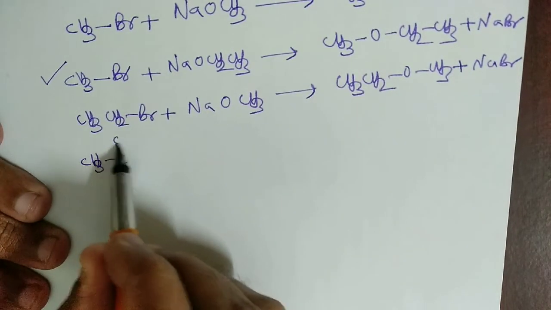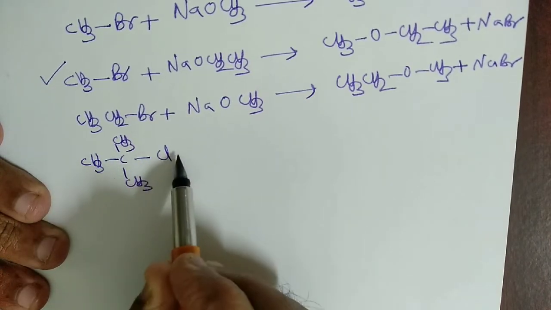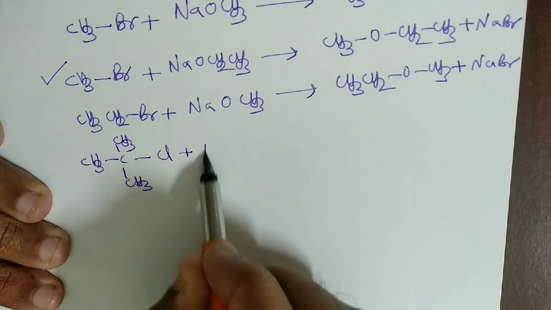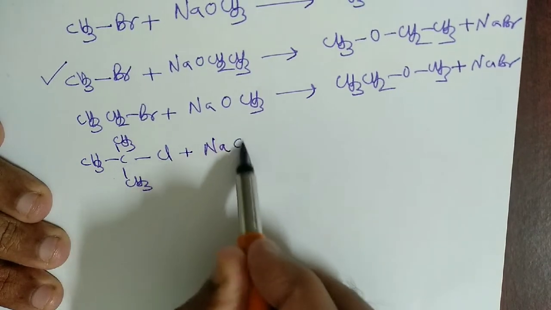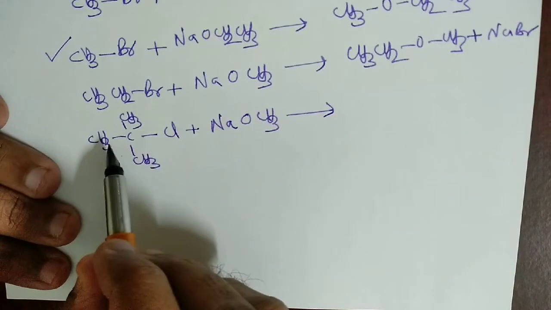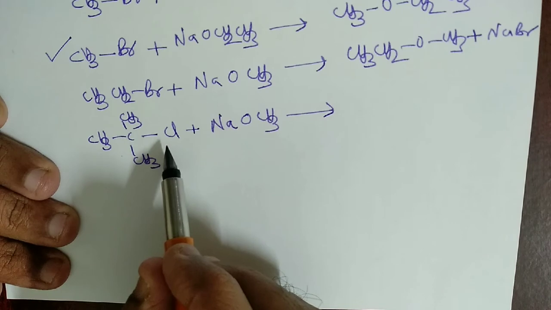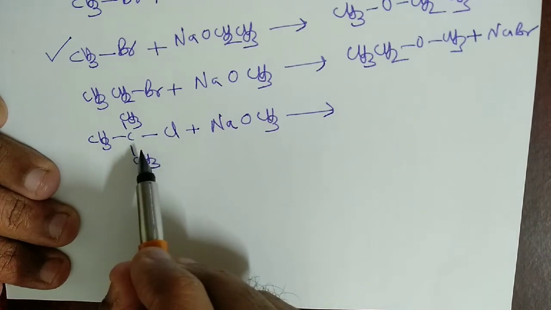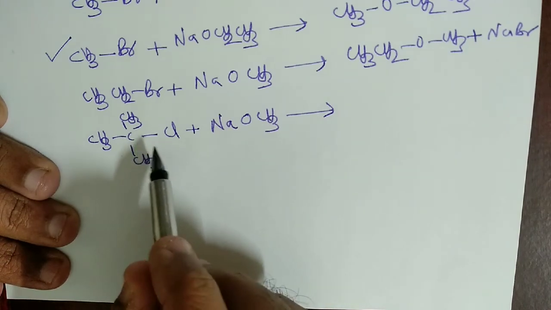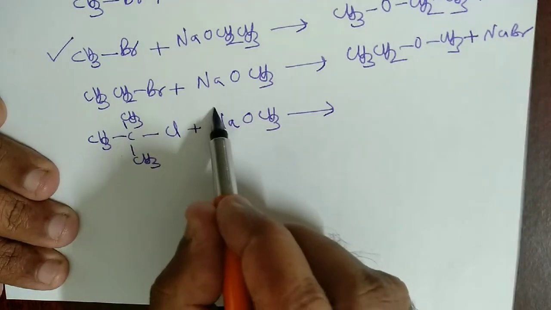Tertiary alkyl halides like tertiary butyl chloride do not give this reaction. In the case of tertiary alkyl halide, the mechanism of nucleophilic substitution reaction is SN1. That is, it involves a carbocation intermediate.